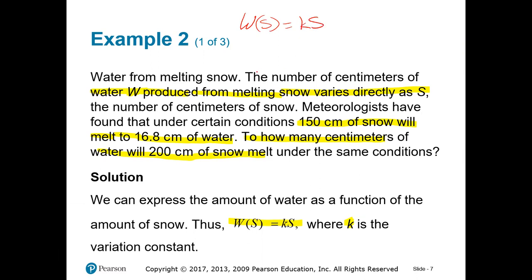What do we know? Well, we know what S is. S is going to be the conditions of the snow that will melt, because it said water varies directly with S. So everywhere I see S, I'm going to plug in the 150.